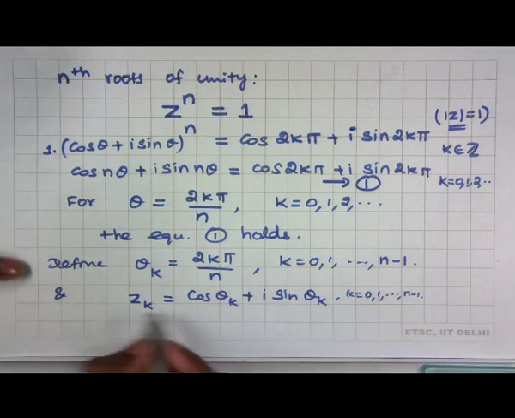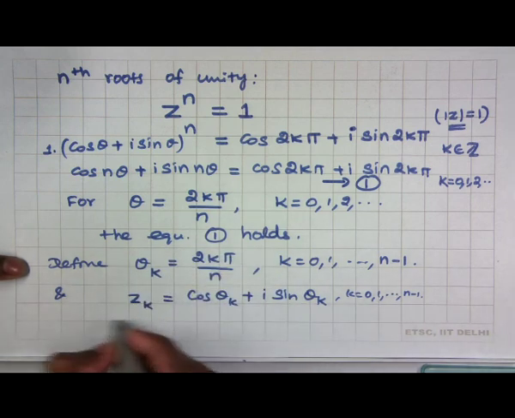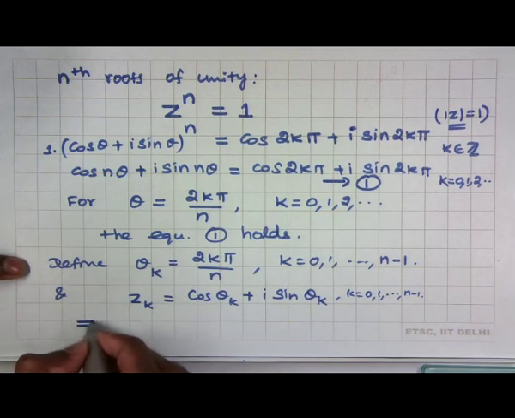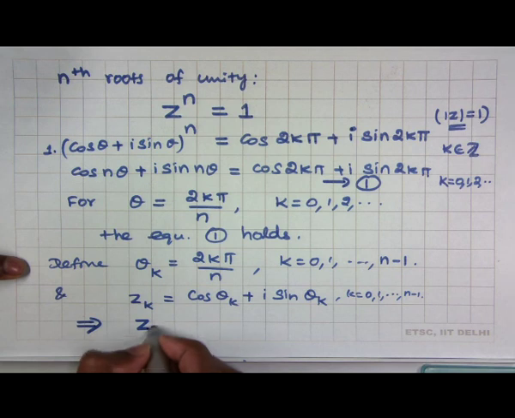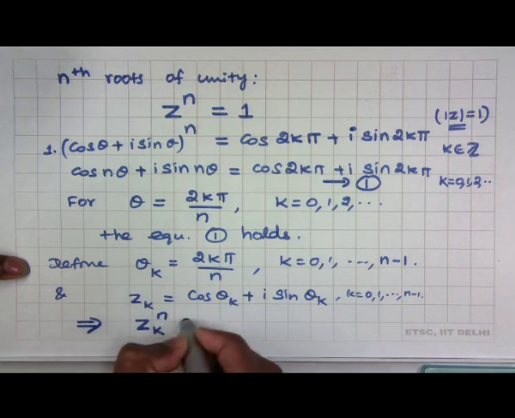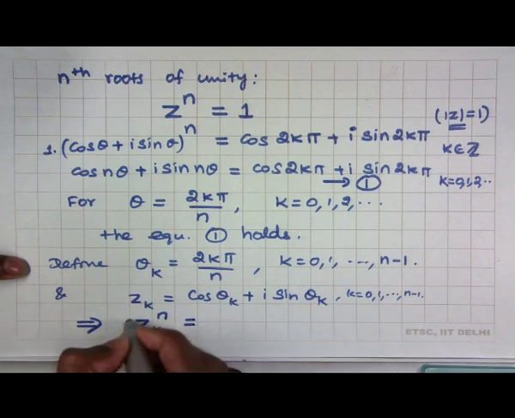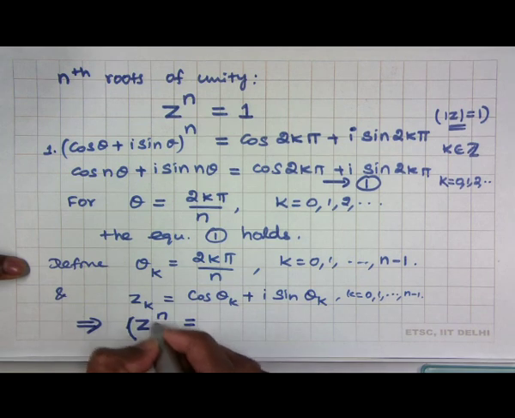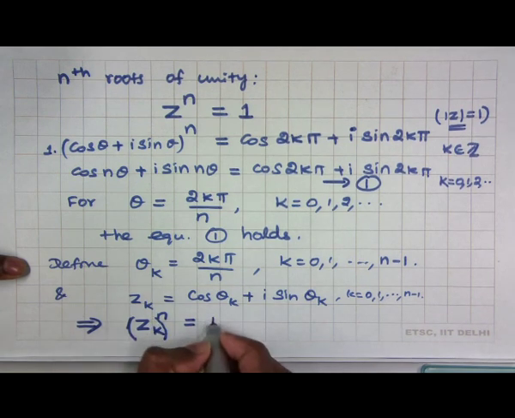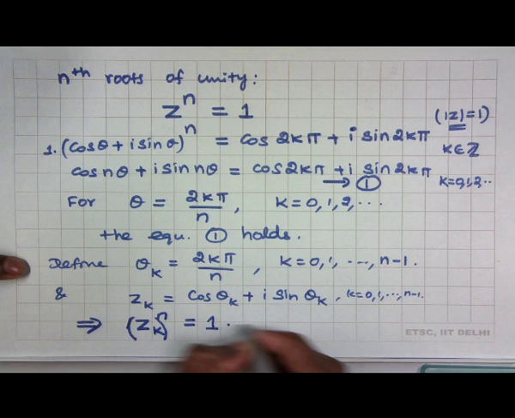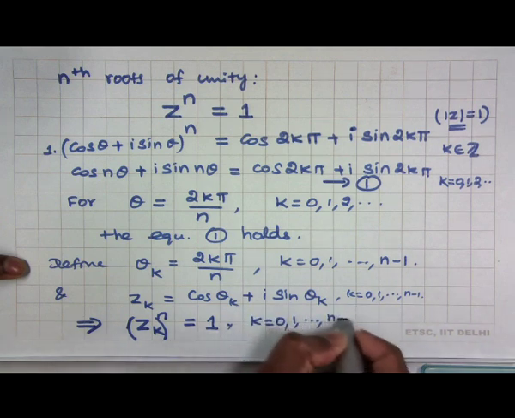What I know from the derivation is that these numbers are nth roots of unity, that is, power n is 1, for all k from 0 to n minus 1.